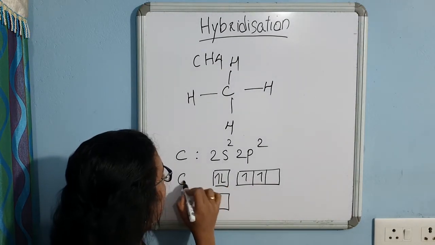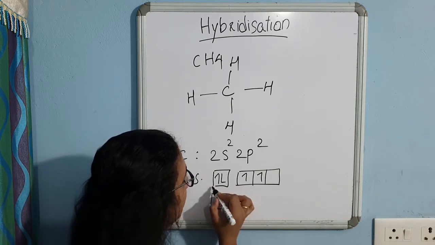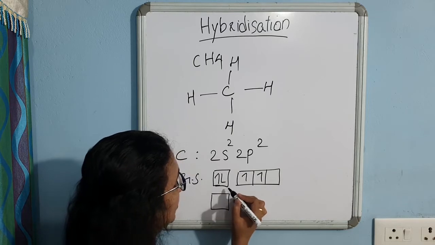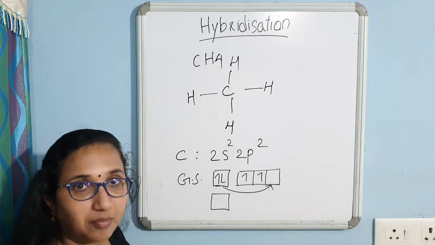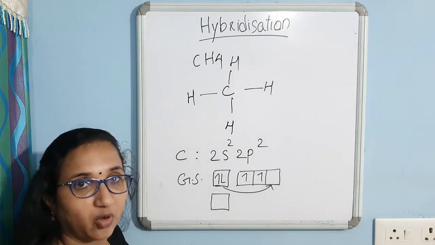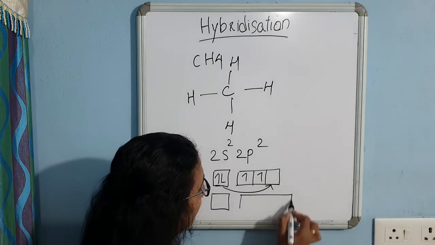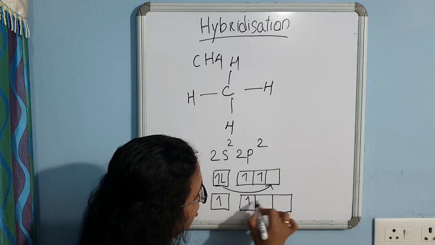So what happens is, in the ground state configuration of carbon, there occurs a rearrangement. That means one of the 2s electrons in the paired configuration will be promoted to the vacant 2p orbital, thereby making available 4 half-filled atomic orbitals.